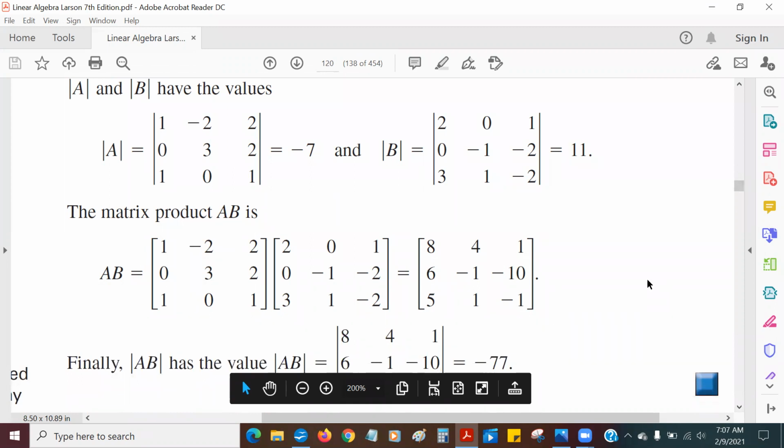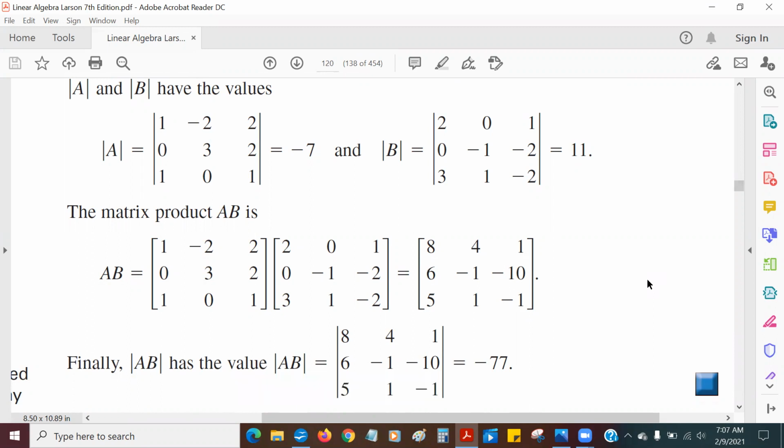Now, did anybody notice that -7 times +11 equals -77? In other words, the product of the determinants wound up being the same as the determinant of the product. Was that a coincidence, or does that always work that way?